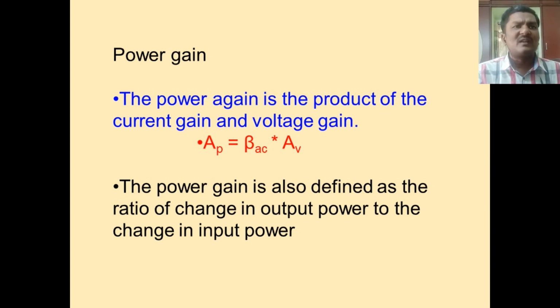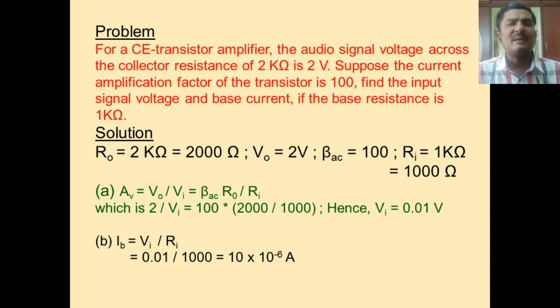I have given one problem for our understanding. For a common emitter transistor amplifier, the audio signal voltage across the collector resistance of 2 kilo ohm is 2 volt. Current amplification factor is 100.